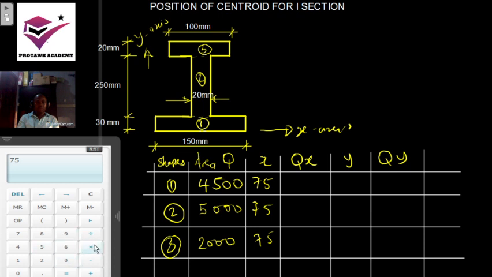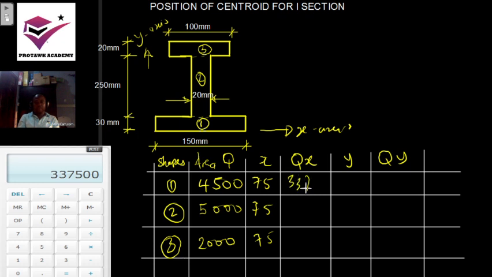So this will be 75 by 4,500. This is equal to 337,500. So this is what we have.